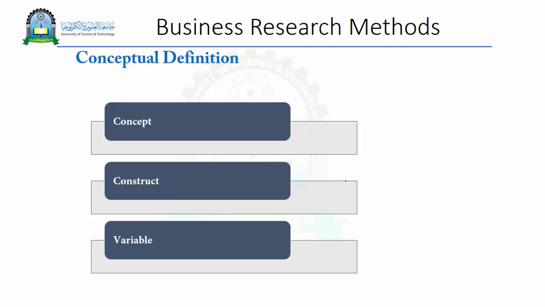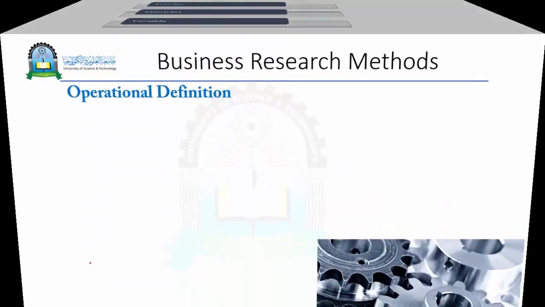So from here to here is the conceptualization, and here is the measured variable. So we can make the variable measured by applying what we call the operationalization process.